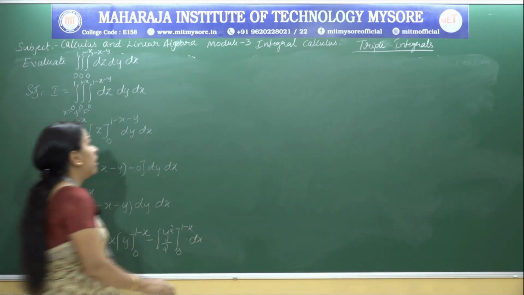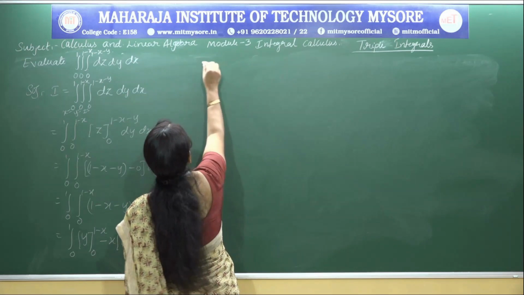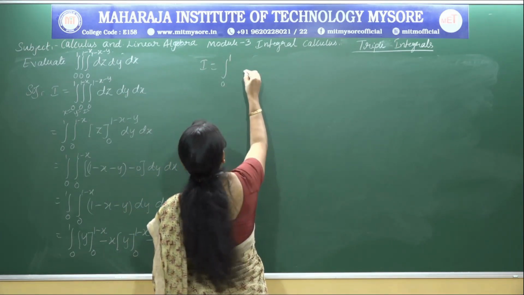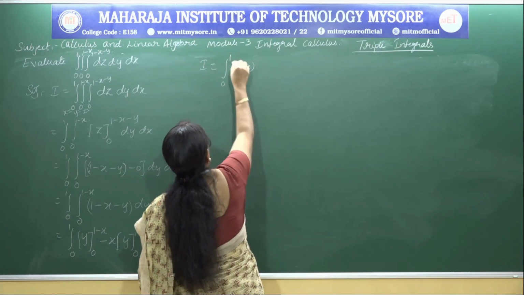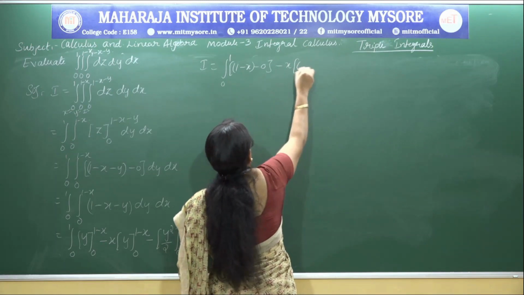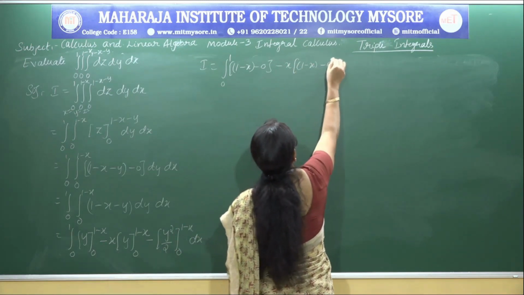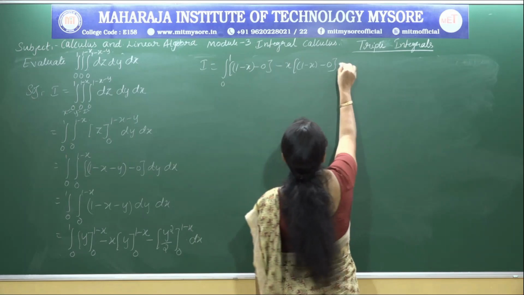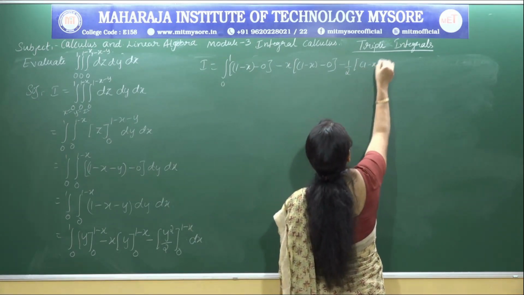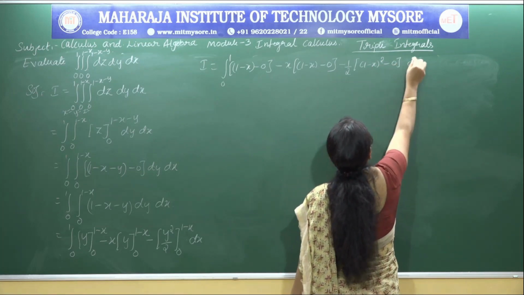Now apply the limit. I is the integral 0 to 1 of upper limit 1 minus x minus lower limit 0, minus x into upper limit 1 minus x, lower limit 0, minus 1 by 2 into upper limit 1 minus x whole square minus 0, dx.